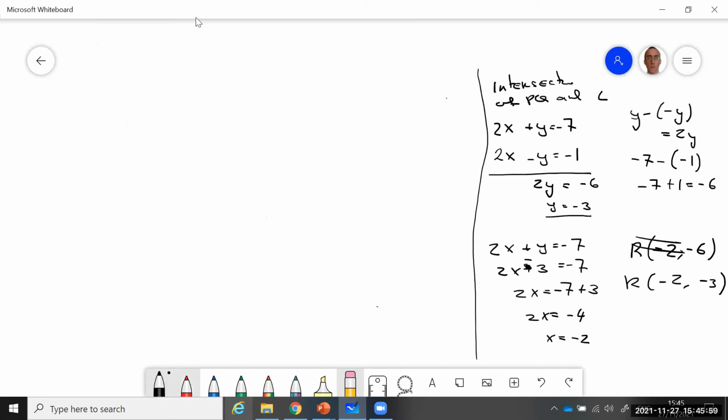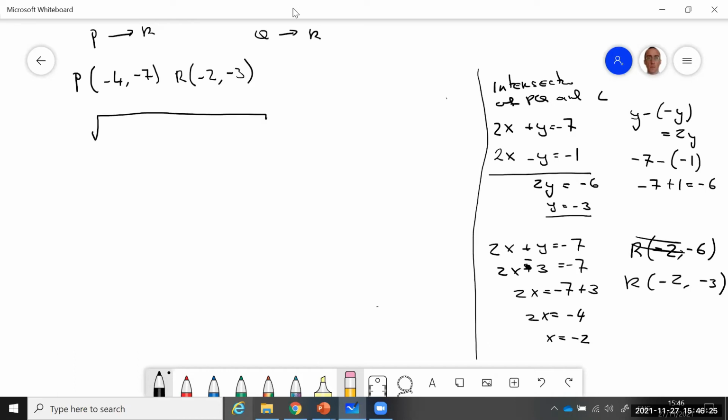We have to find the distances from P to OR and Q to OR, and we have to find the ratio of those two distances, right? So we said P was negative 4, negative 7, and OR, which we went to the trouble of just finding, is negative 2, negative 3.